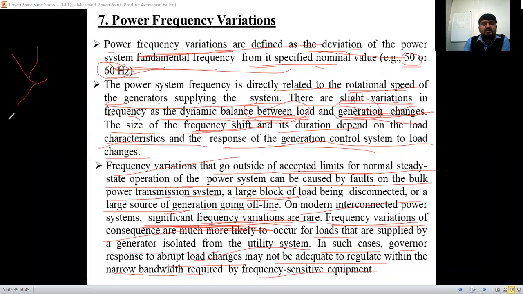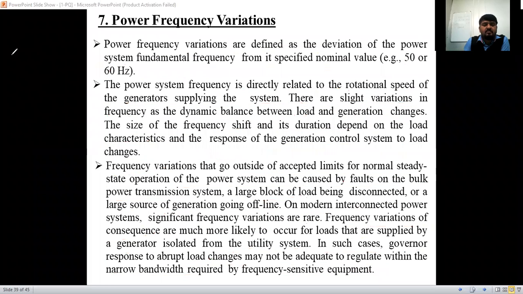So you understood that. I will take one example here. One hydropower plant is there, generating, suppose, 50 megawatts. There are 5 units, each of 10 megawatts, 5 into 10, that is 50 megawatts.